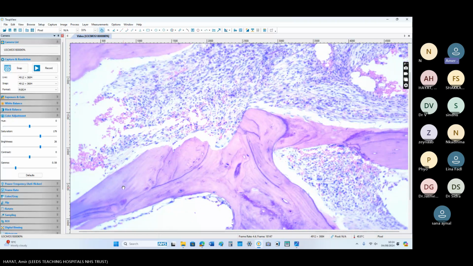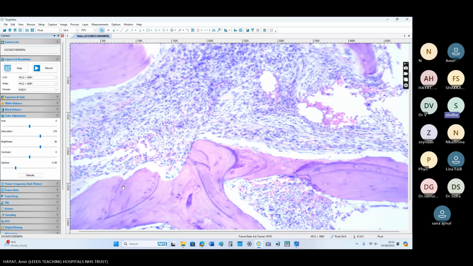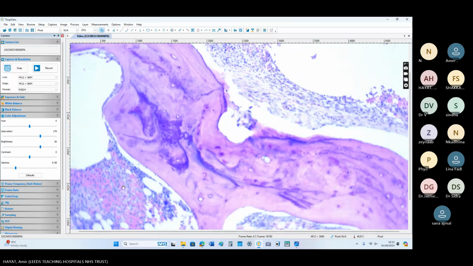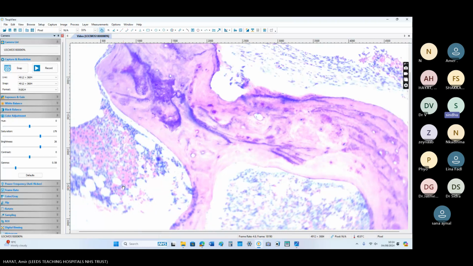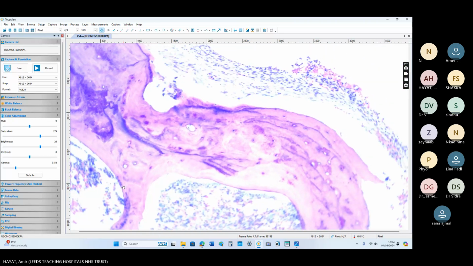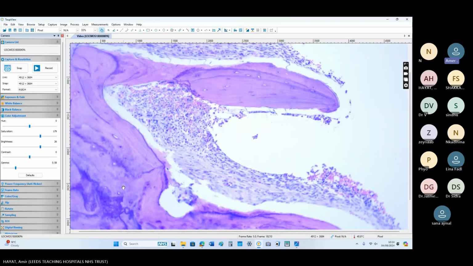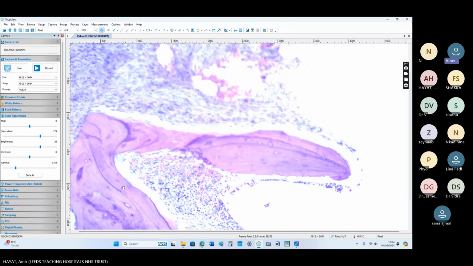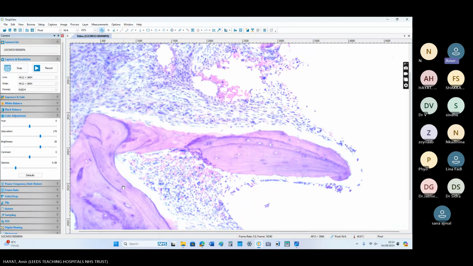Most likely consistent with an infiltration of mast cells, mastocytosis.